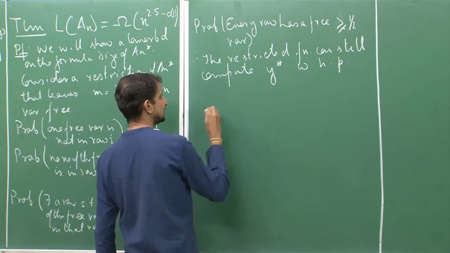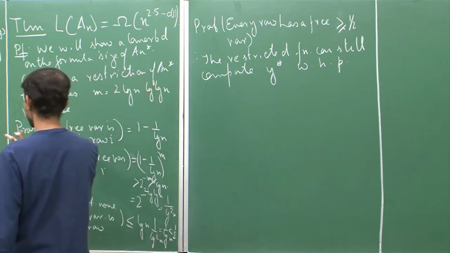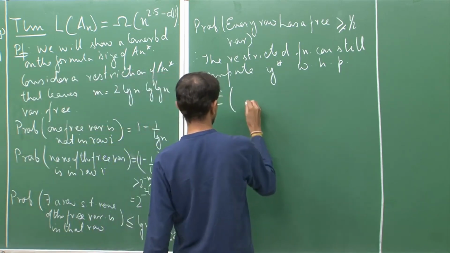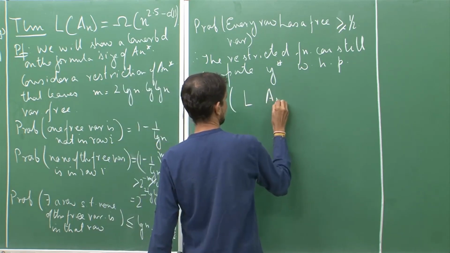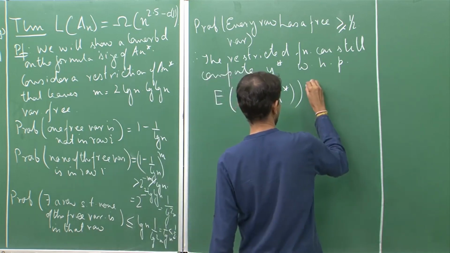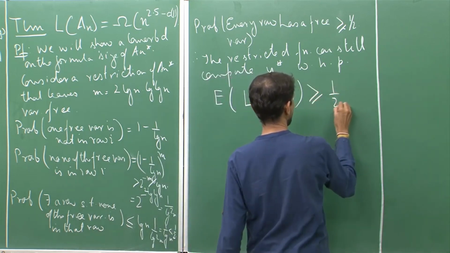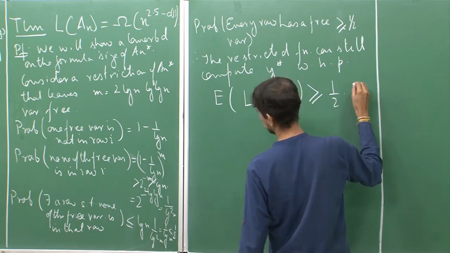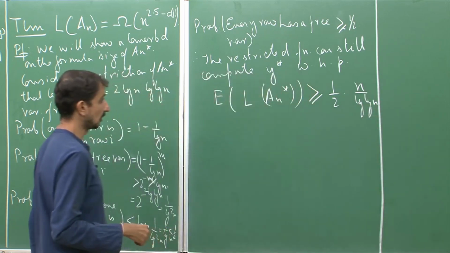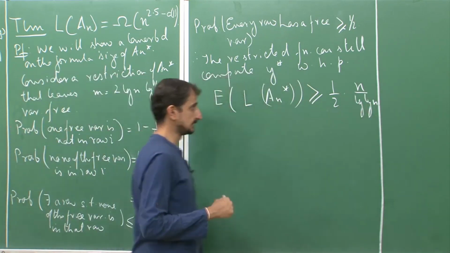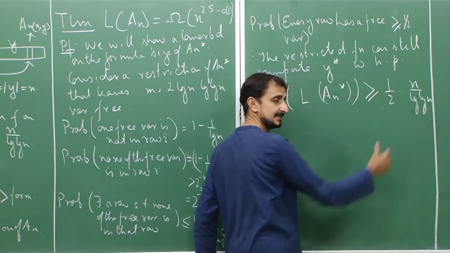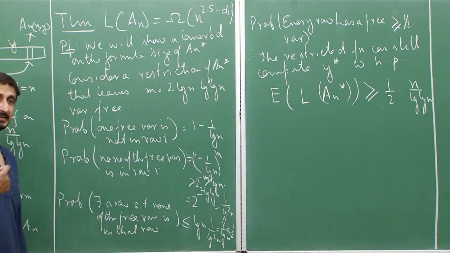So, now we will use this size bound. We know that the expectation of L of A n star is greater than or equal to half times the size bound that we consider, n over log n. This is the probability and this is the size. So, the smallest formula has size at least this much, so on an average it will have at least that much.